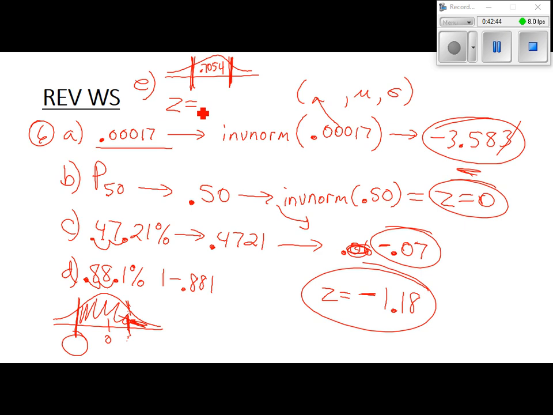Now, does that mean that there's 0.2946 in this little part right here? No, it's split between the 2. So we've got to divide that by 2. 0.1473.